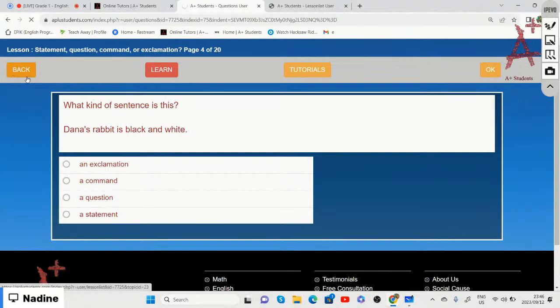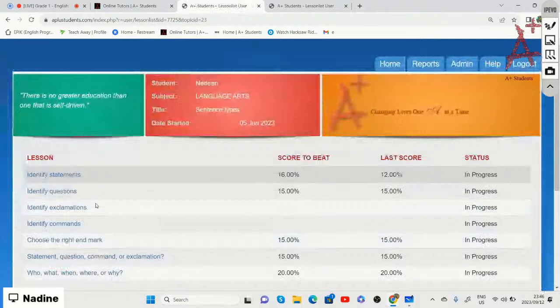All right. So that is our chapter on sentence types, and we went over quite a few lessons. We identified statements, where we said a statement is telling someone about something.